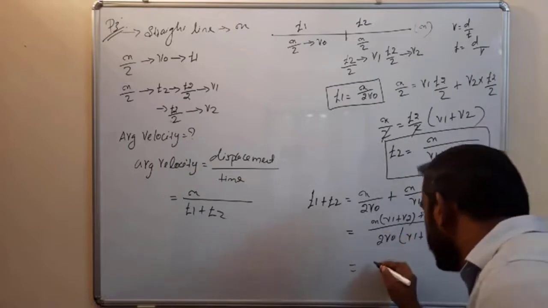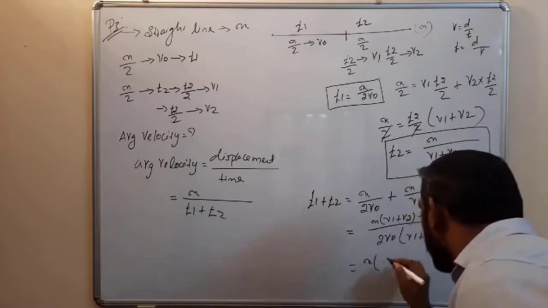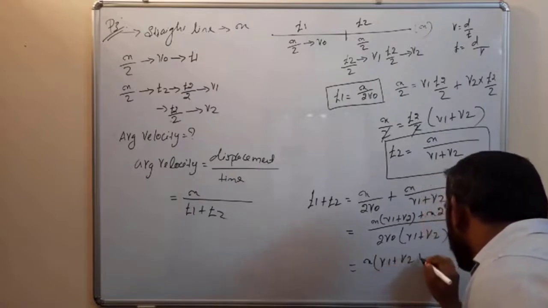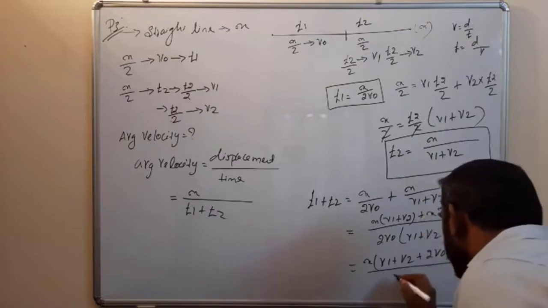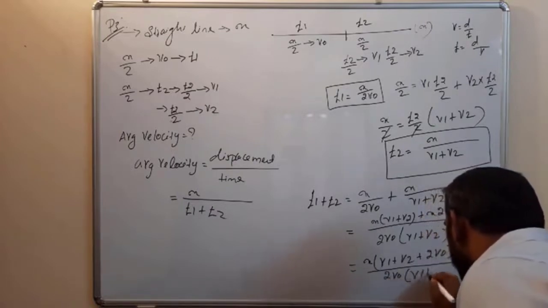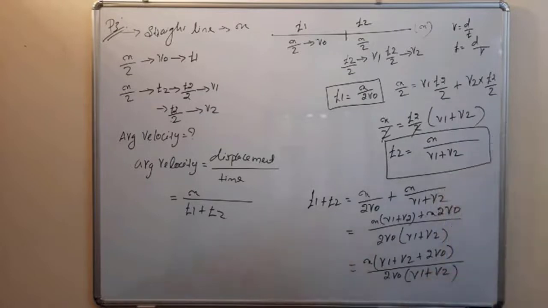Take x commonly outside: x into v1 plus v2 plus 2v0, divided by 2v0 into v1 plus v2.